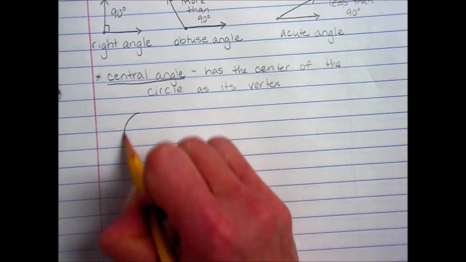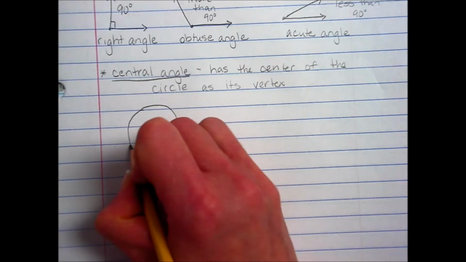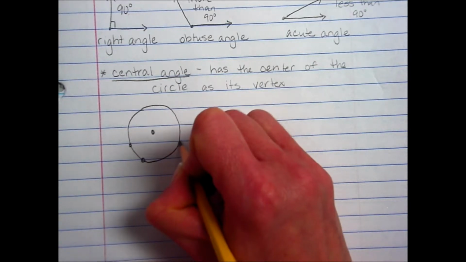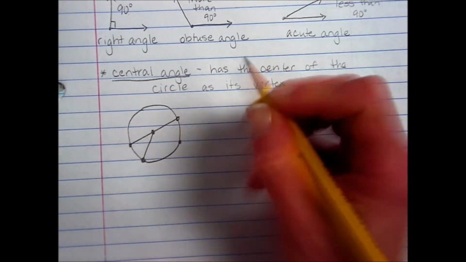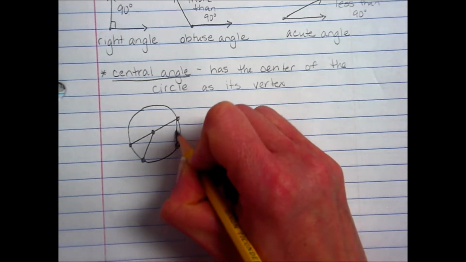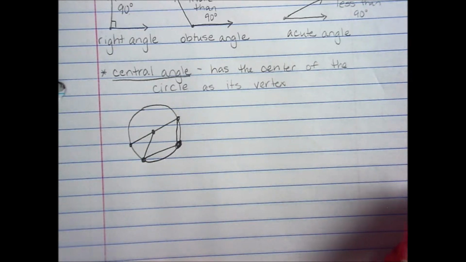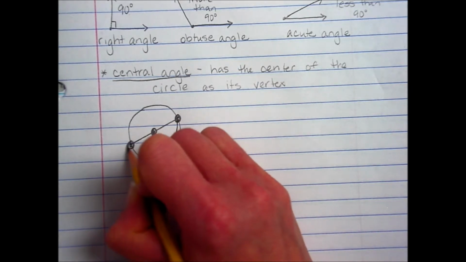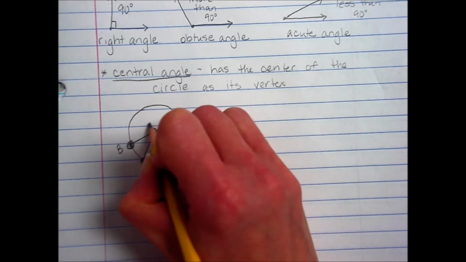On this test prep, they'll give you a circle with several points labeled. They usually name them with a simple letter.